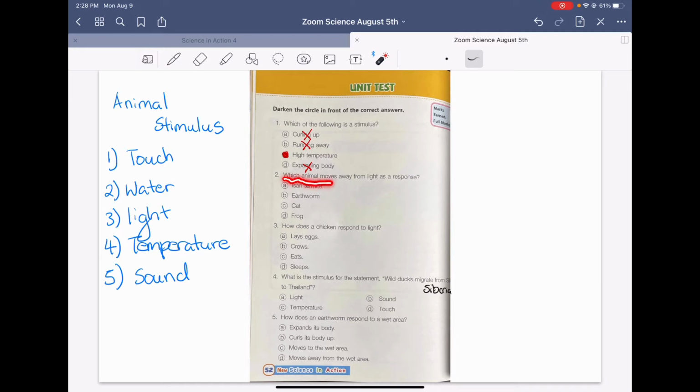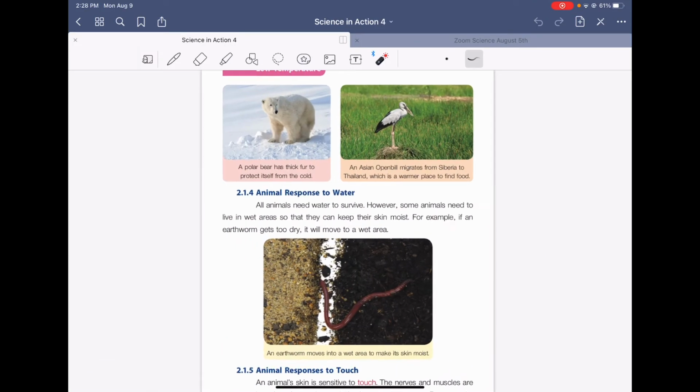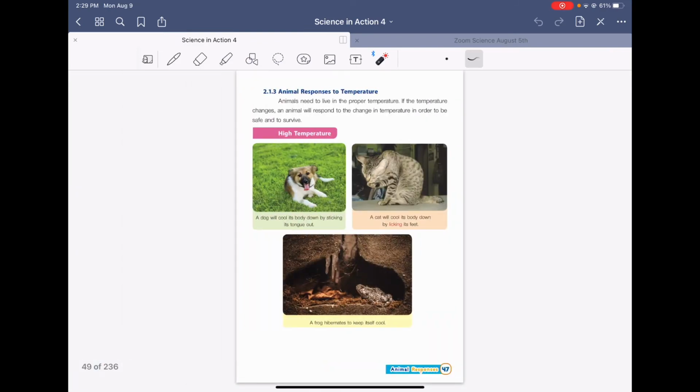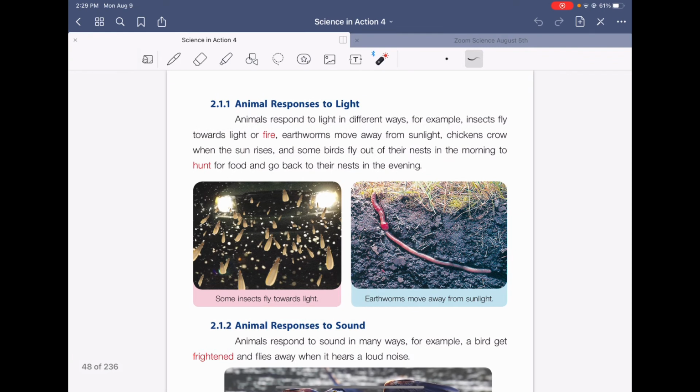Which animal moves away from light as a response? In our books, let's take a look. Which one's light? Right? Animal responds to the light.